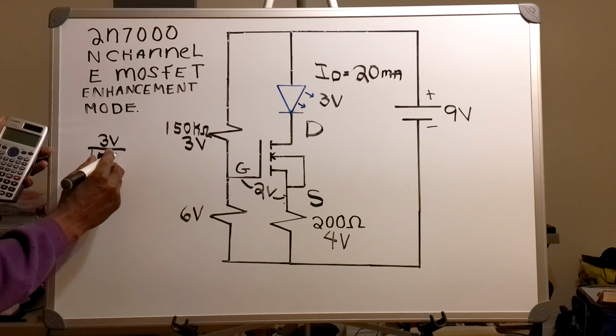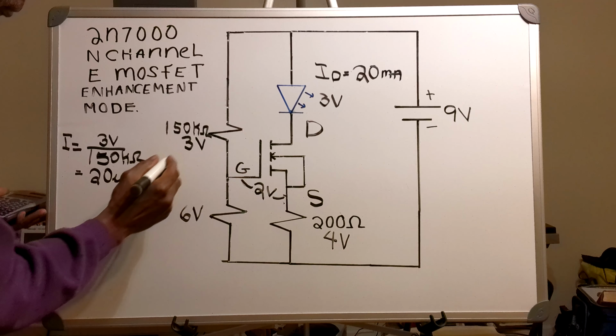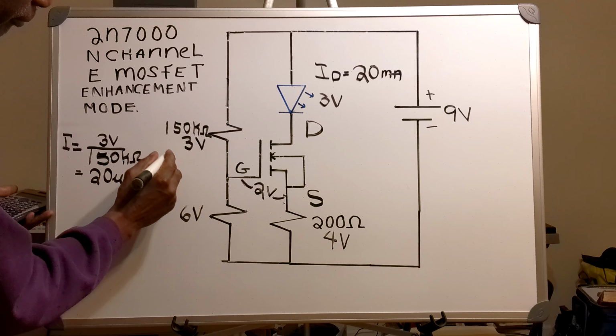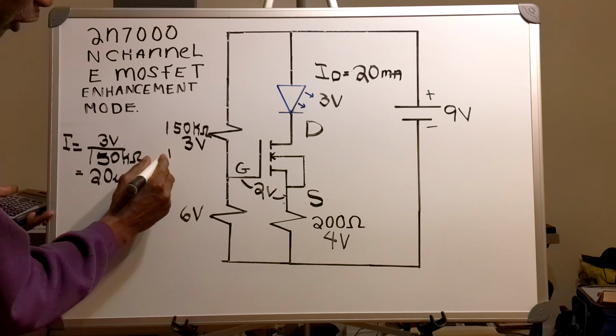That's I equals 3 volts divided by 150 kilohms. And that will give me a current of 20 microamps. So my current that will be flowing through my 150 kilohm resistor will be 20 microamps.